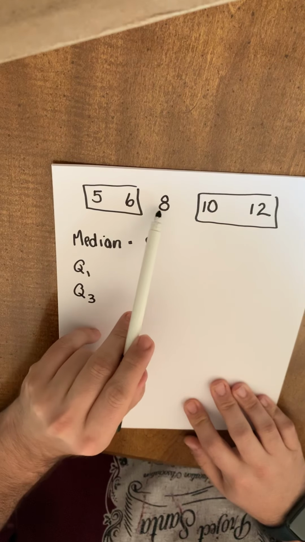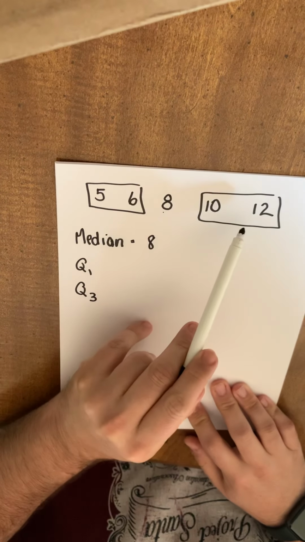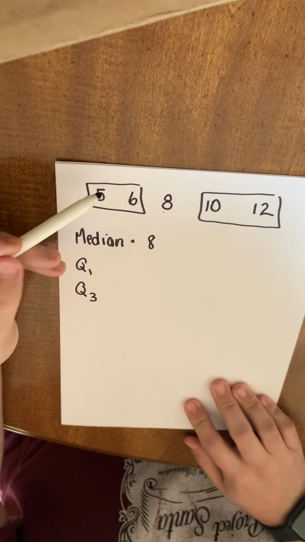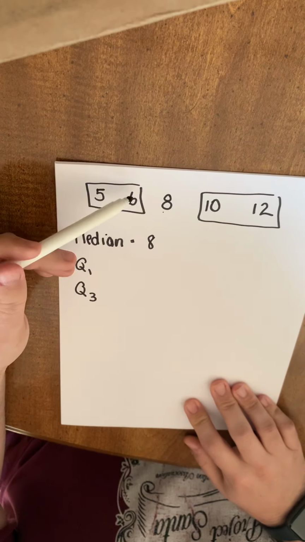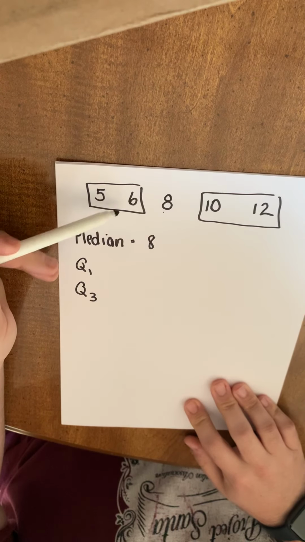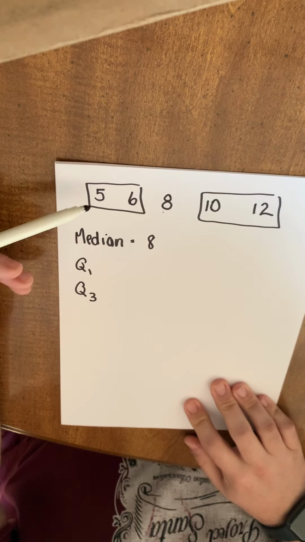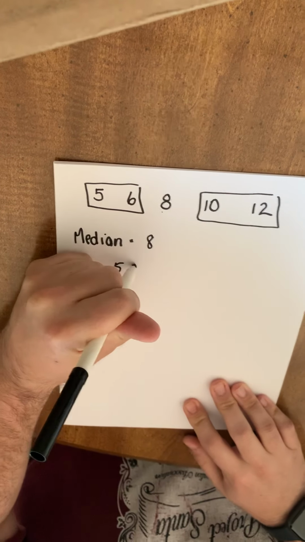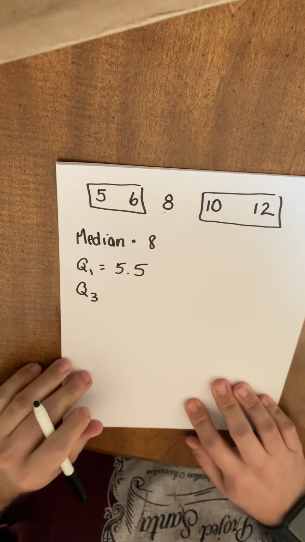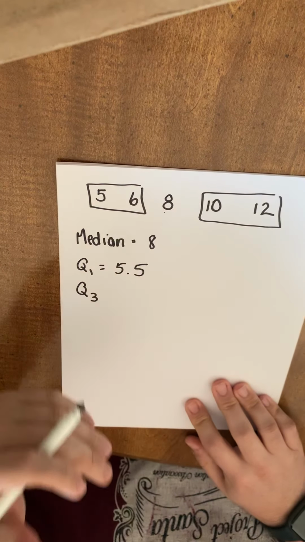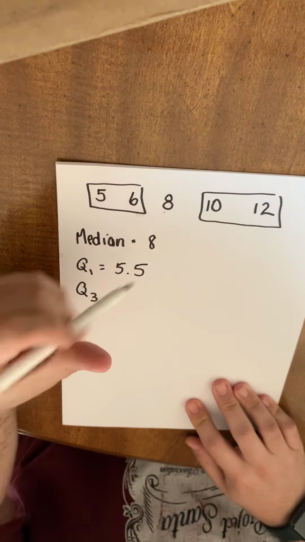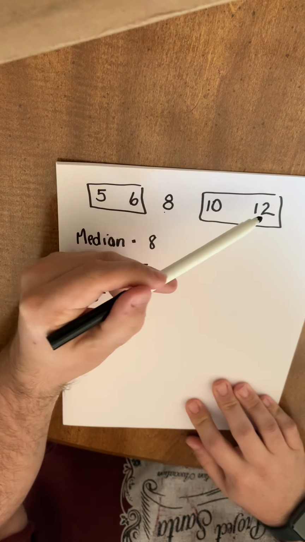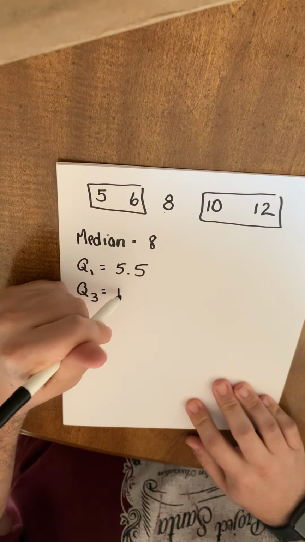So when the 8 is in the middle, we just take that out. Our Q1 is the middle of the first half. What's in the middle of 5 and 6? It would be 5.5. And what's in the middle of our second half, our Q3, 10 and 12? It would be 11.